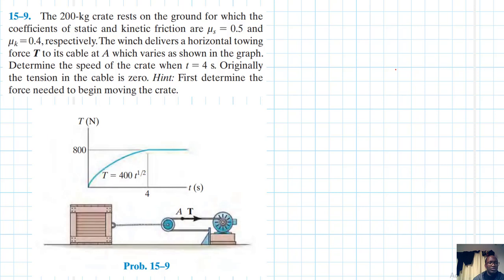So to start with, let's draw the free body diagram. Let's section this cable there, we section it also here, and we section it also there, like so. We'll have the tension force like so, there, there, and there.